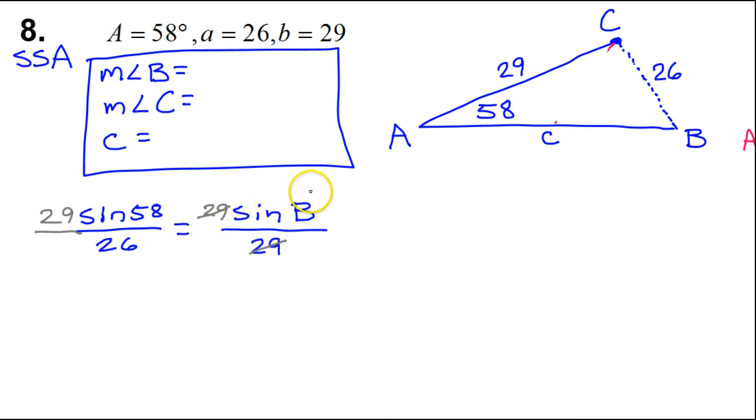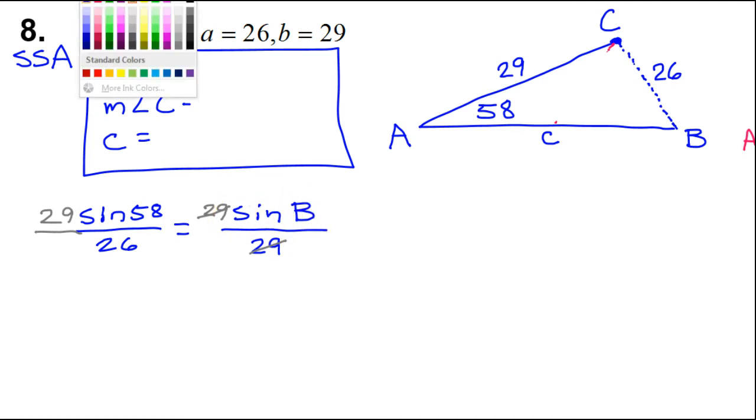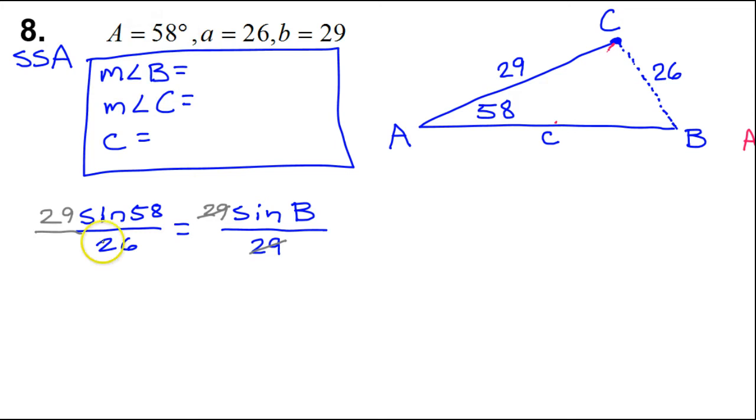That's great, but I really want angle B, not the sine of angle B. So if you want to find an angle, you're talking about the inverse trig function. It always gives you the angle. So I need to do the inverse sine of all of this. Don't make it a decimal first, just put the entire expression in.